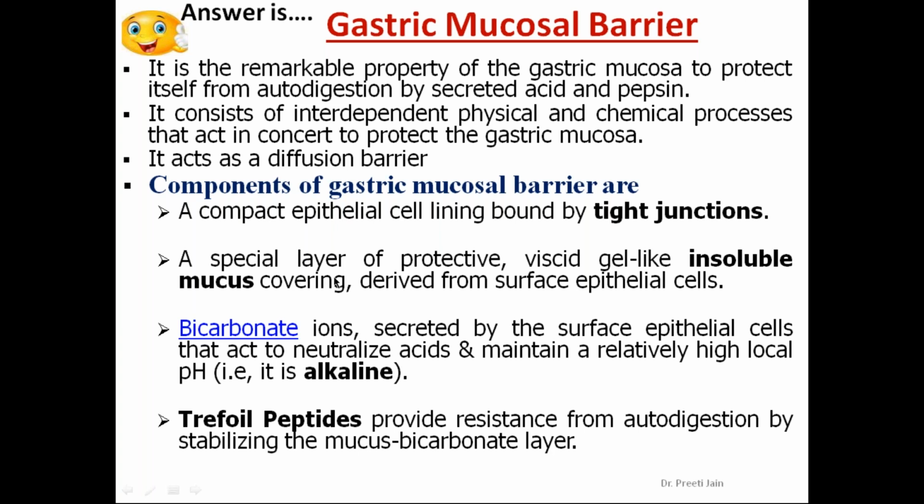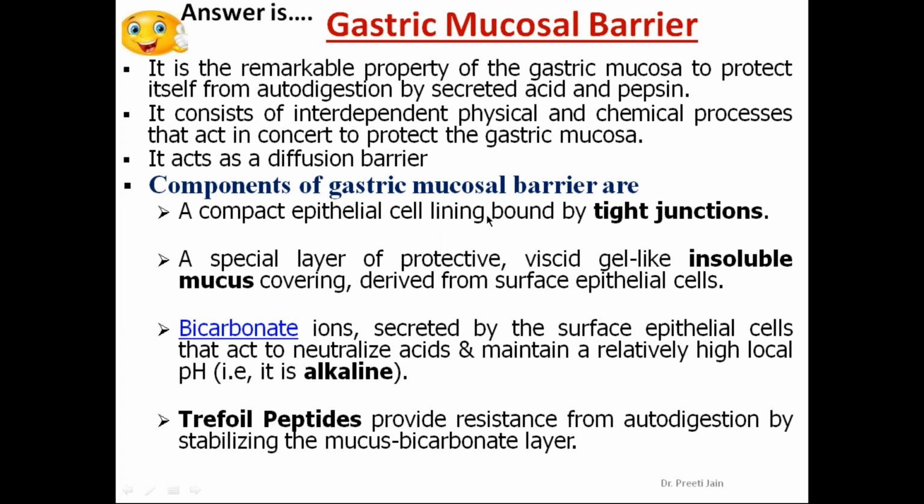So there is a special layer of protective viscid, gel-like insoluble mucus covering, which is derived from the surface epithelial cells. Now this insoluble mucus also traps the bicarbonate ions which are secreted by the surface epithelial cells, and this also makes the mucosal layer alkaline in nature, right? So it helps to buffer the acid which is secreted by the gastric glands.